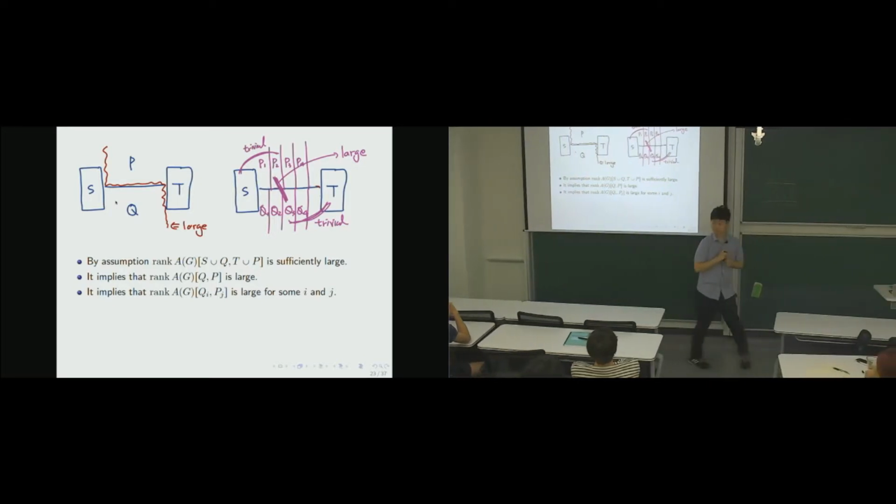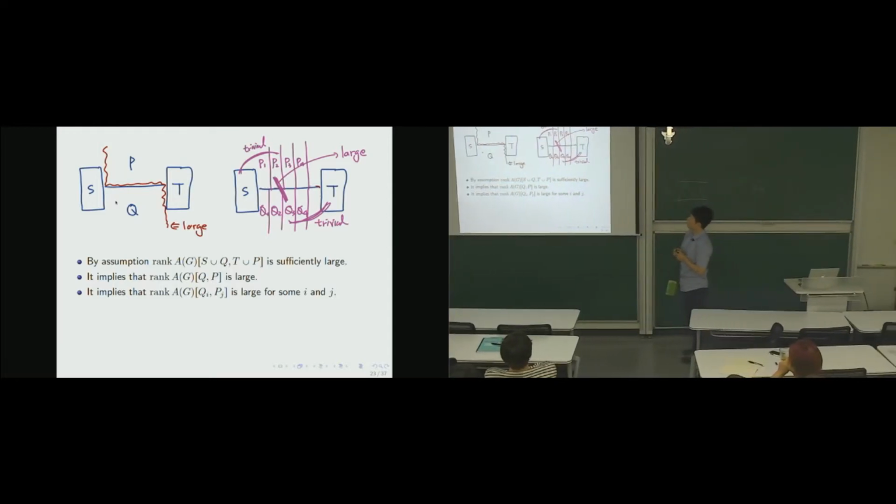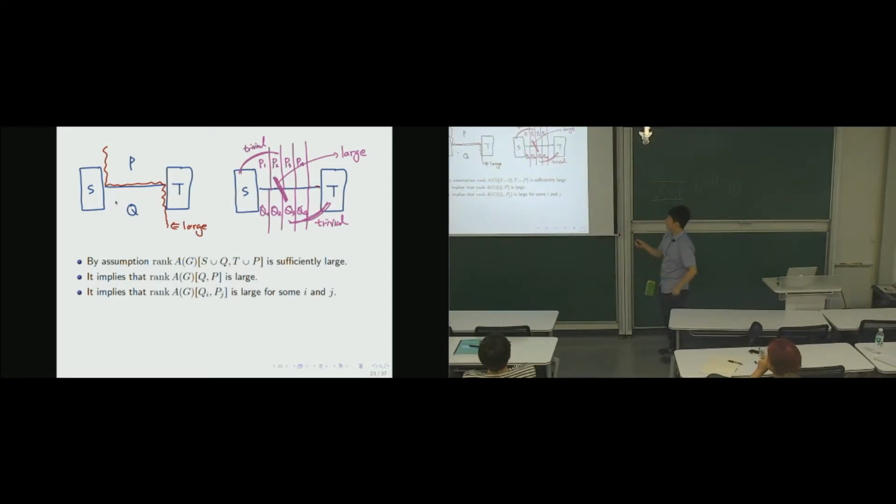So why is the rank between P2 and T large? This is implied by the fact that we don't have 2 twins to the S union T, right? But all guys in P2 have the same neighborhood on S, so no 2 vertices in P2 have the same neighborhood on T. So basically the rank between P2 and T is large, right?